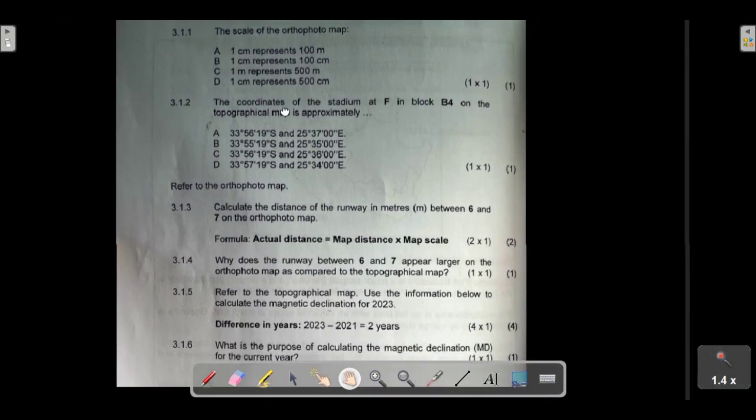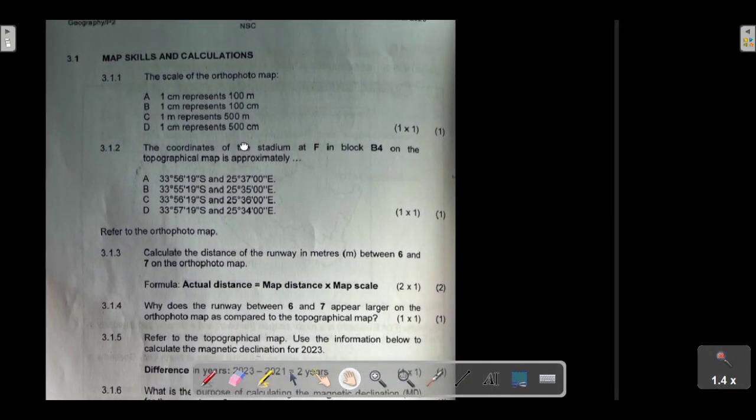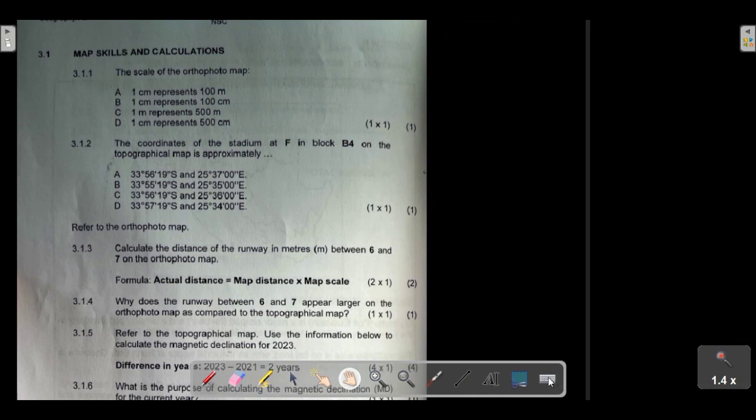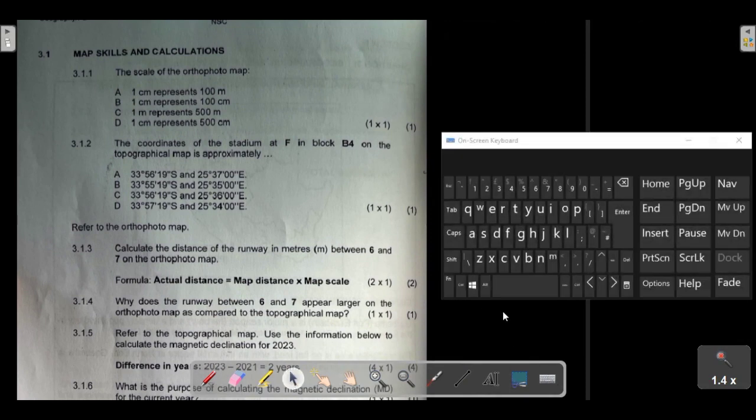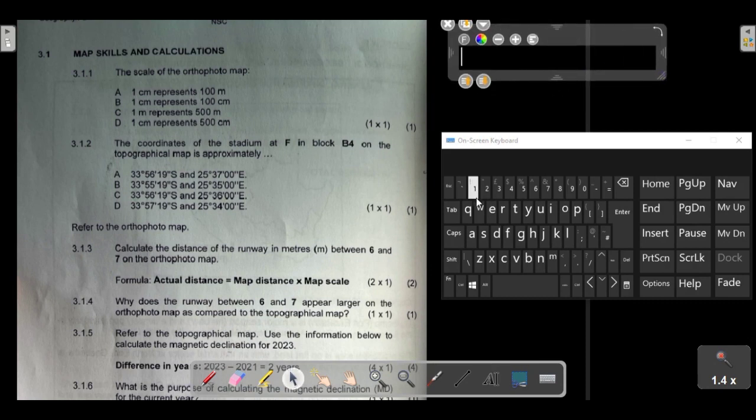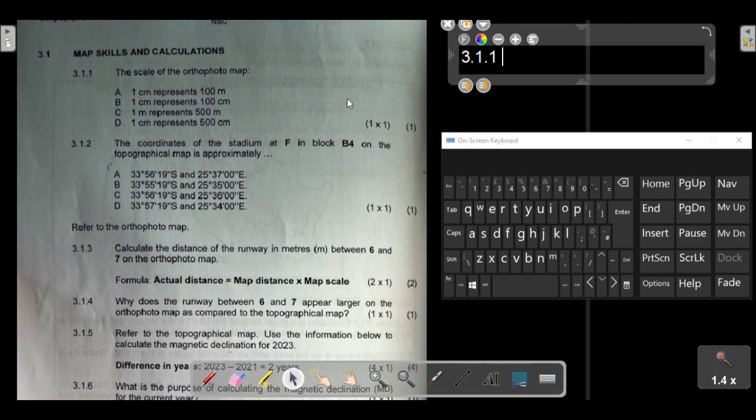Let's start with 3.1, which is map skills and calculations. 3.1.1 says the scale of the orthophoto map. So we have 4 options. This is a multiple choice question.